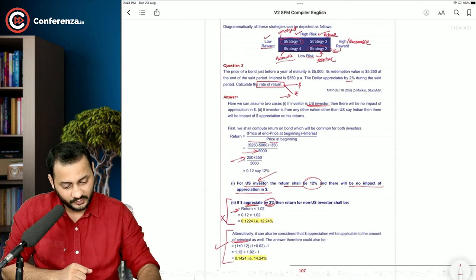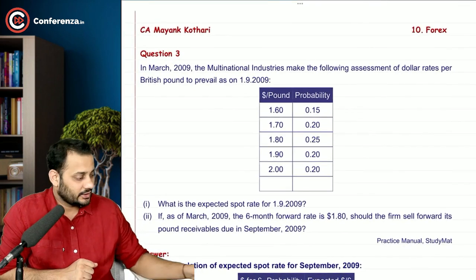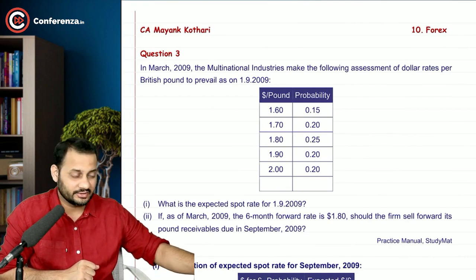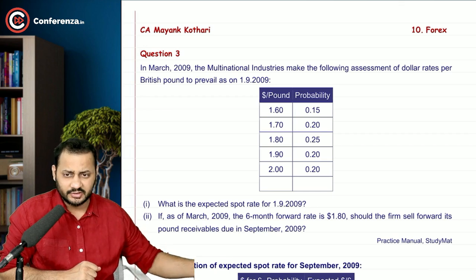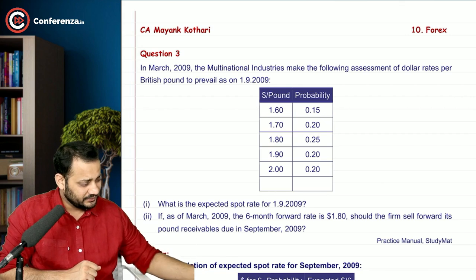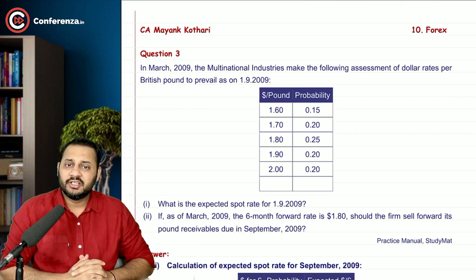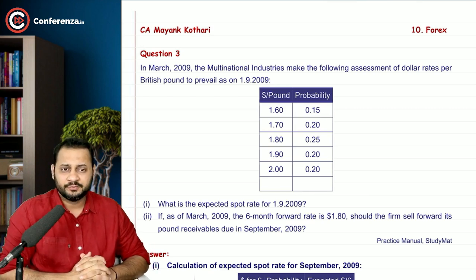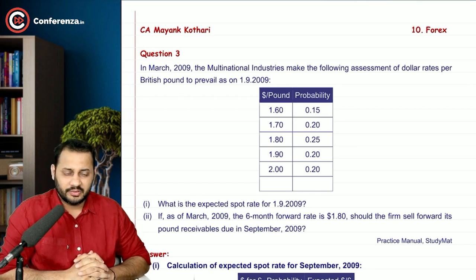Okay. Let's move on to the third part. The third part is interesting, and with this we'll start with the hedging of foreign currency exposure. Let's read this. In March 2009, the multinational industries make the following assessment of dollar rates per British pound to prevail as on 1st of September 2009.